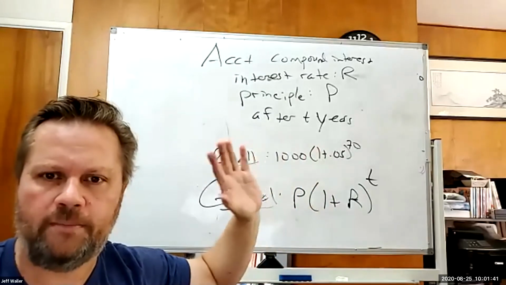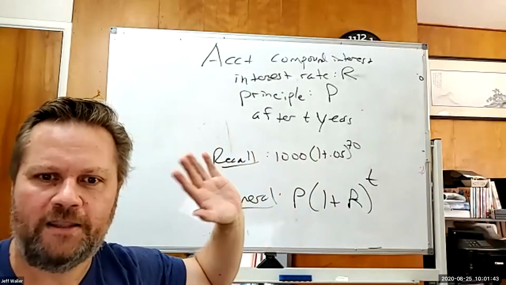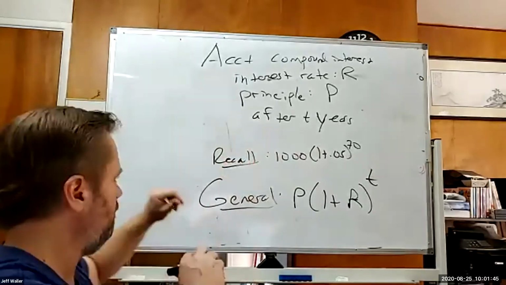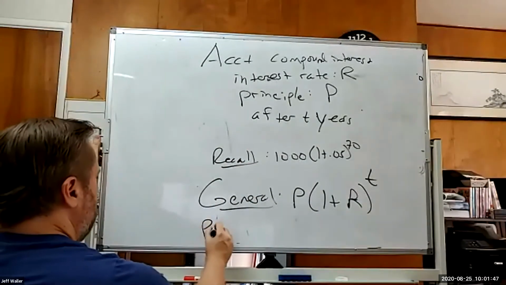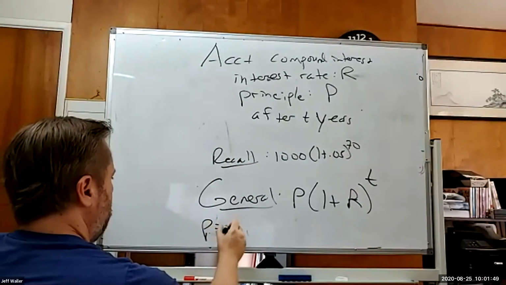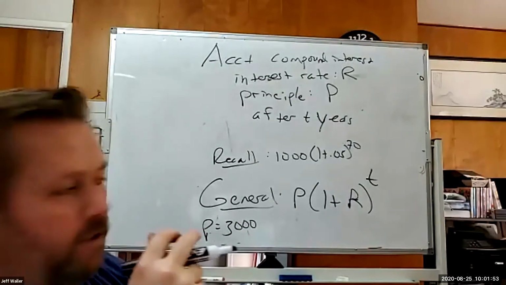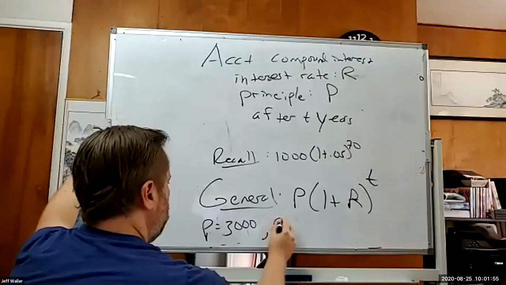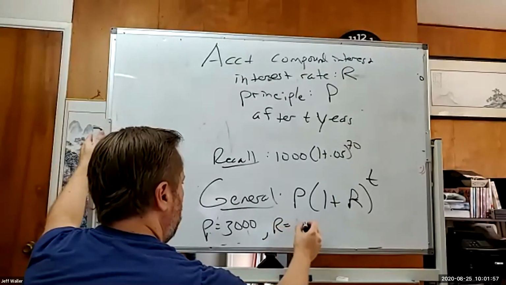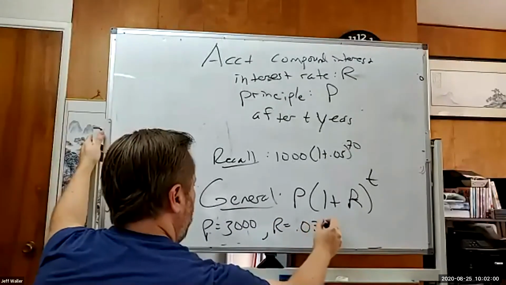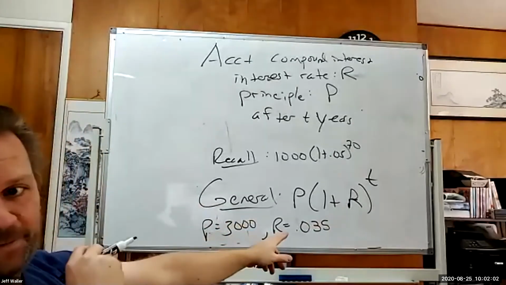So let me give you a problem to try, and then we'll call it a day. So what if you put $3,000? Let's say the rate is 3.5%, just to make it interesting. Is everybody with me?